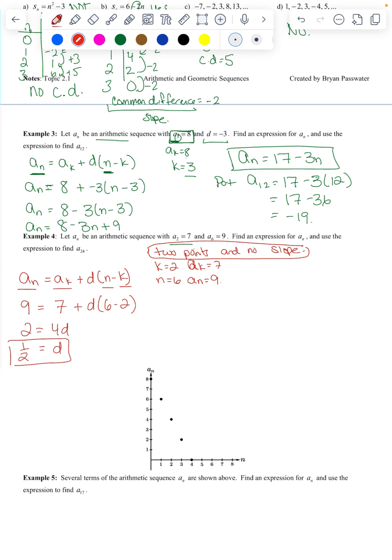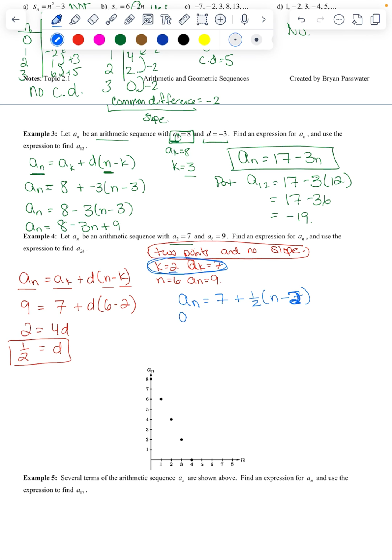Now that I have my d term, I can use my k term, right? a of n is equal to 7 plus 1/2 times n minus... why did I put 7? That's a 2. n minus 2, right? Because k is 2.